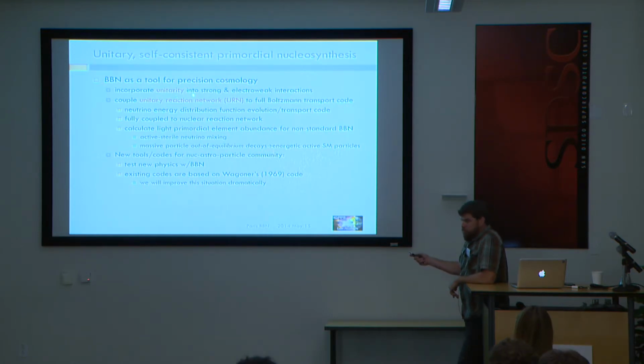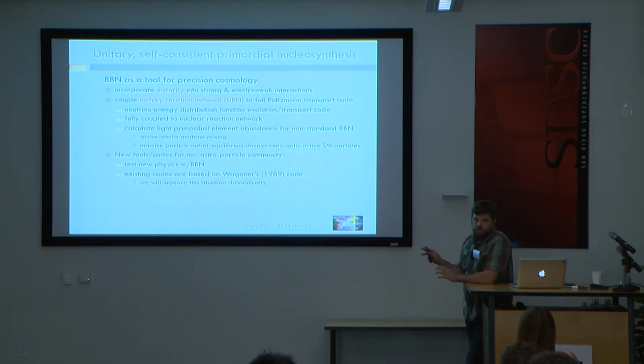You might find it surprising that in the nuclear reaction networks, which I'll set up in the next few slides, unitarity, conservation of probability in quantum mechanics, is not being consistently and completely implemented across all of the nuclear reactions used for the light nuclei reaction network for BBN. So we're hoping that if we do a better job with the light nuclear reactions, that might have some implication for the lithium anomaly. So we want to incorporate unitarity into the strong and electroweak interactions.